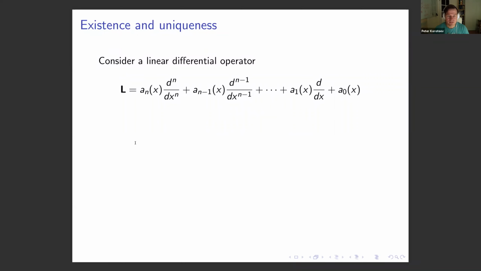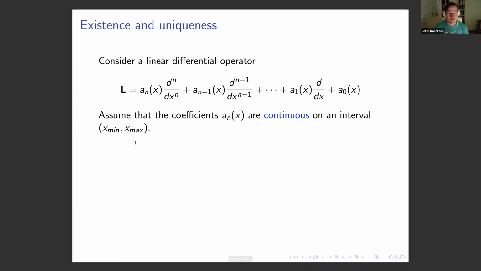So let's talk about existence and uniqueness for nth order differential equations. Consider the differential operator L as such, and assume that the coefficient functions a_0 through a_n of x are continuous on an interval from some x min to x max, some interval where you study your differential operator.